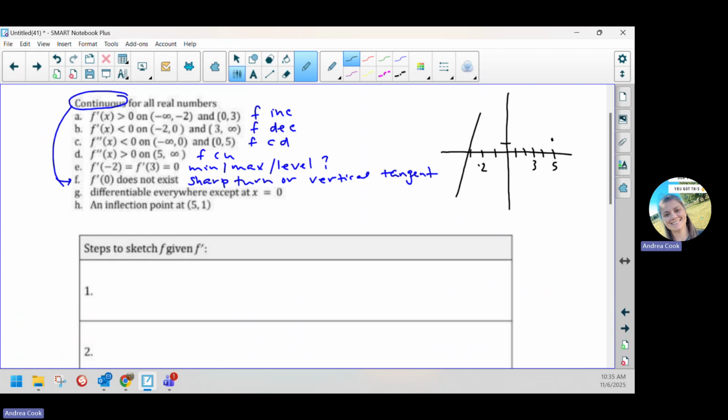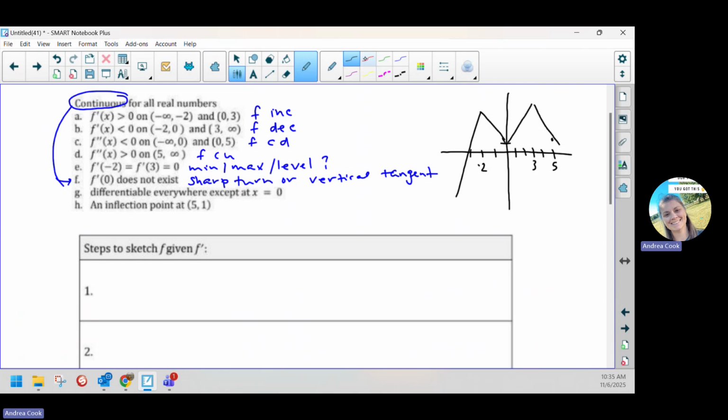And then from -2 to 0, I'm decreasing. I don't know again how low it's going to go. And then 0 to 3, I'm increasing again. And then 3 to infinity, I'm decreasing.